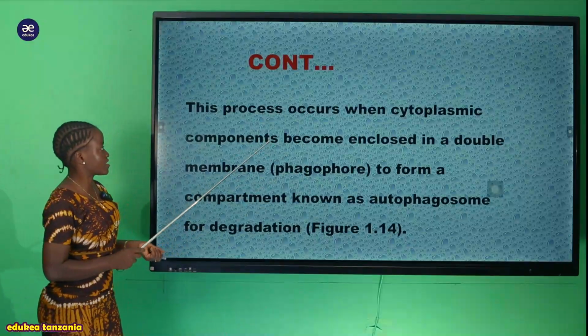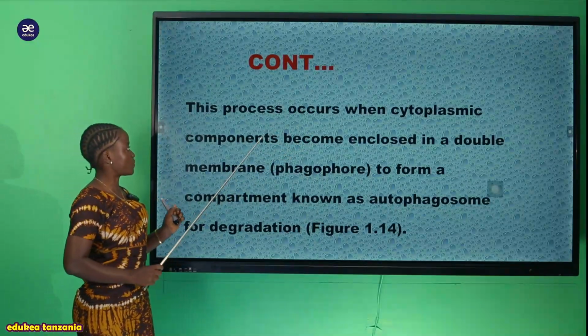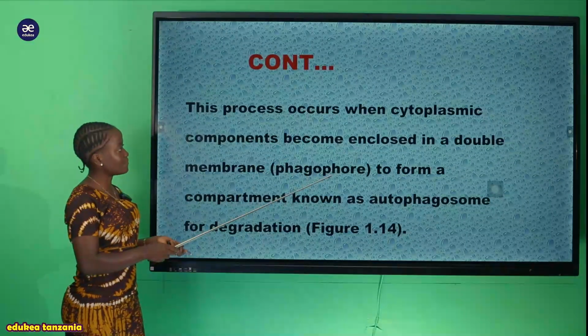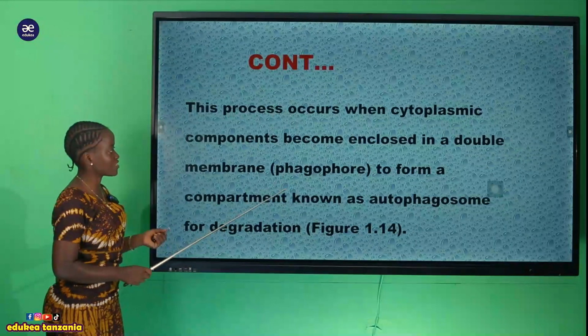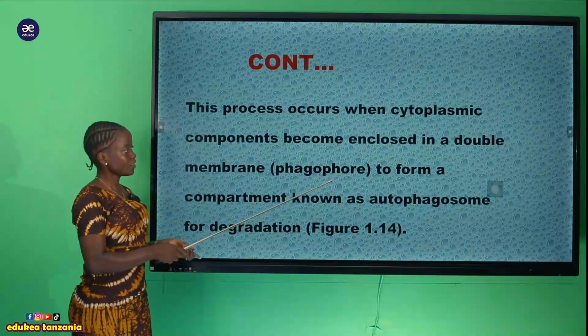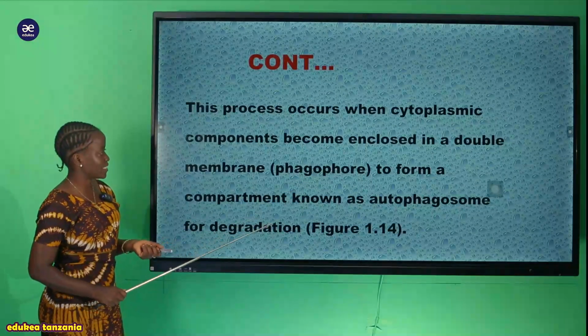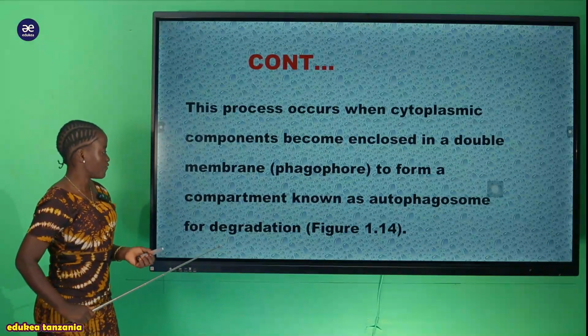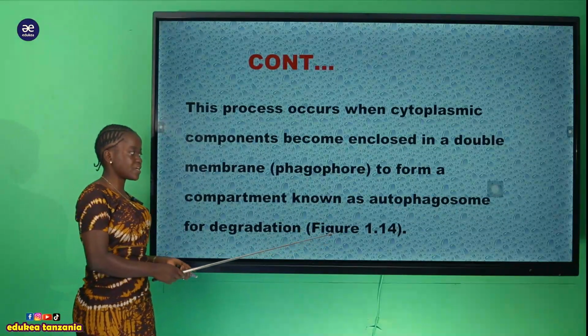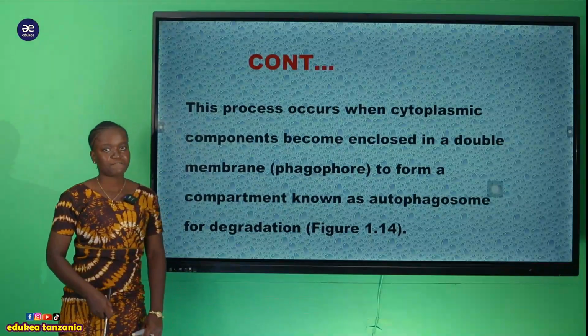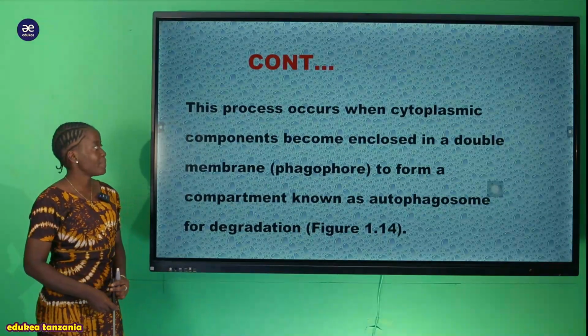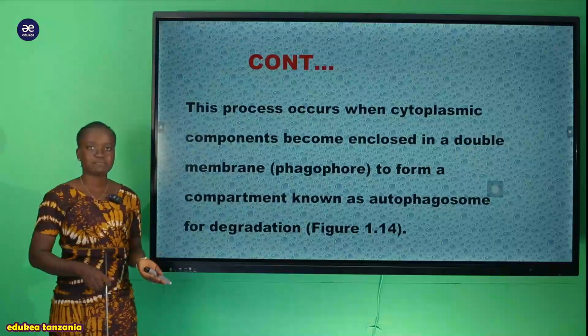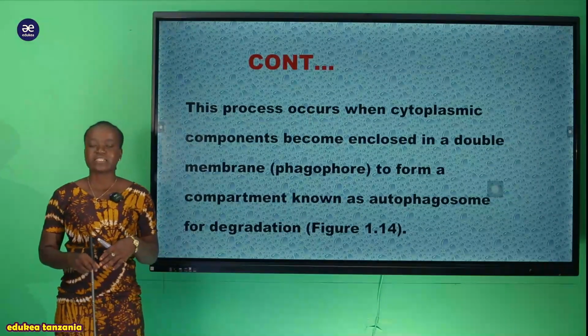And this process occurs when cytoplasmic components become enclosed in a double membrane, that is the phagophore, to form a compartment known as the autophagosome for degradation. You're going to see this in figure 1.14. So hapa tunasema kwamba hii process nzima inatokea within the cytoplasm.